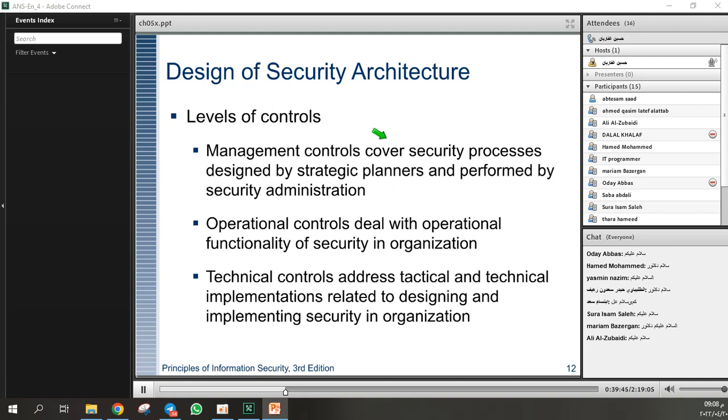I need operational controls, with the operational functionality of security organization.